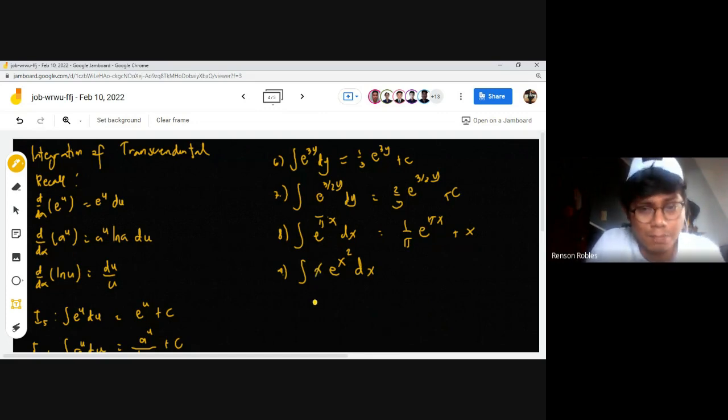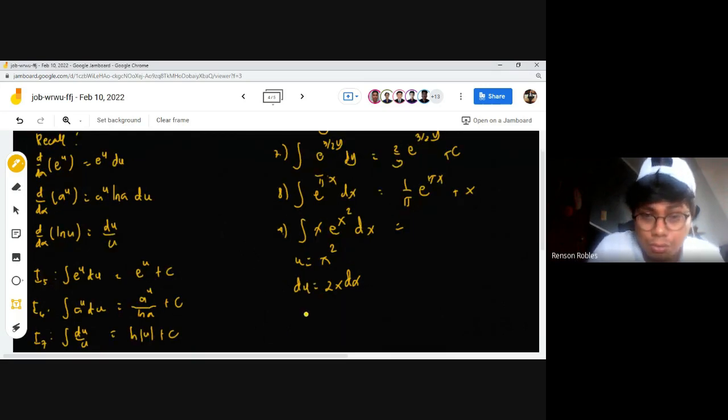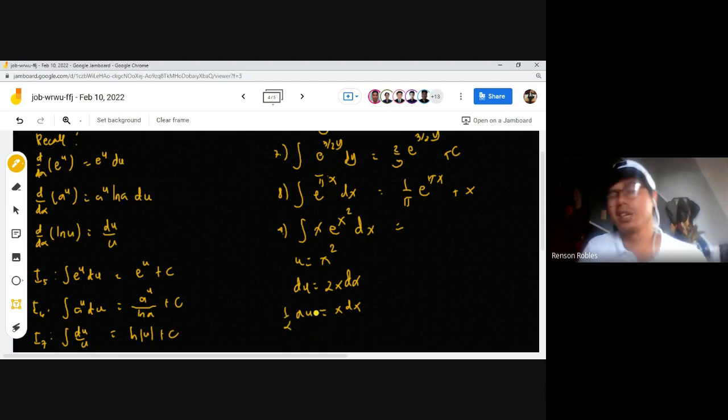Again, by change of variable, you let u be equal to x squared, and du is 2x dx. So, what do you see? Sir, x dx lang po. Then you have du equals 2x dx, or 1/2 du is x dx.